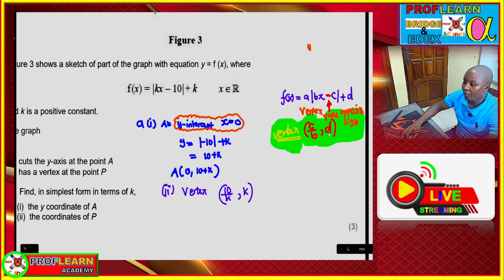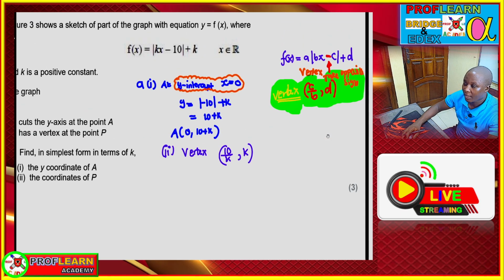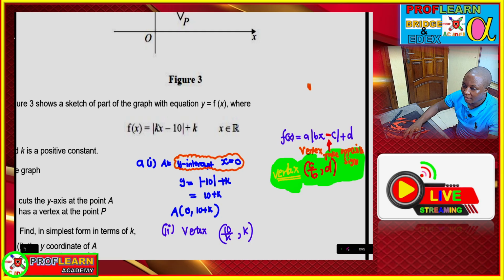But also if you are finding the x-intercept or the y-intercept, at the y-intercept x is equal to 0. So if you substitute x is 0 here, we are going to have modulus of 0 minus 10, which is the same as modulus of negative 10.